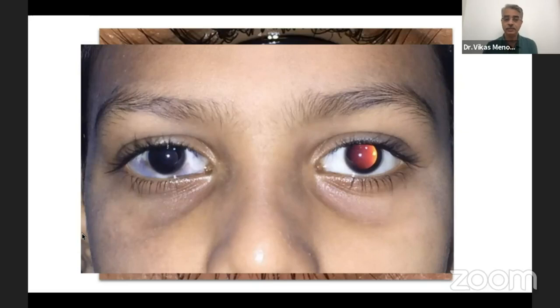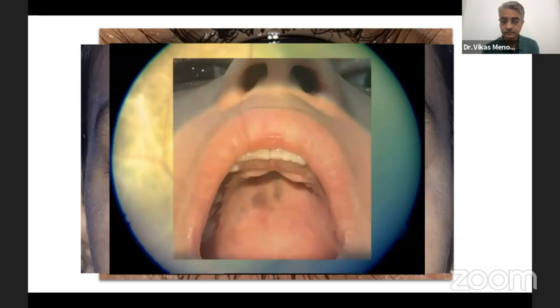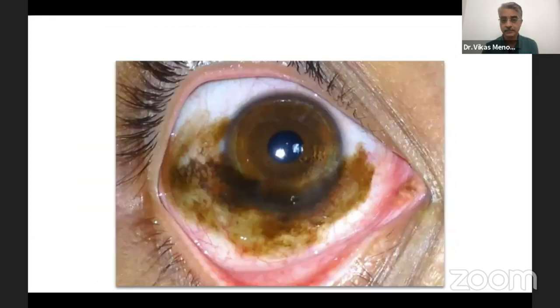Why this is important to take note of is because these patients have almost a 1 in 400 chance of having uveal melanomas, and that is why you need to keep these patients under regular follow-up. You also need to look at their palates, because if there is a palatal pigmentation, then these patients are at more risk for esophageal melanoma, and you look for hairline pigmentation because those cases may even have a meningeal melanoma.